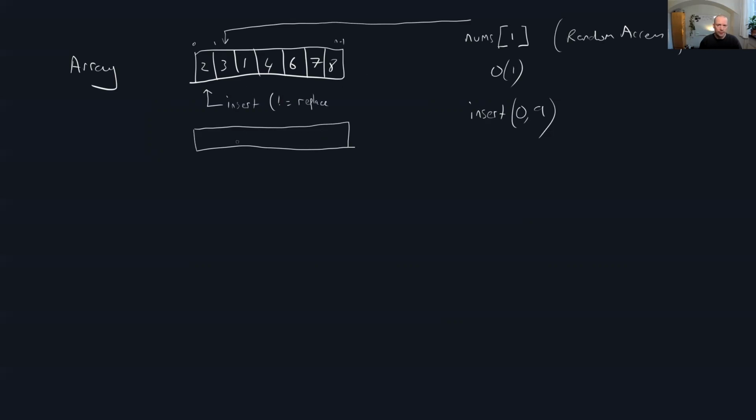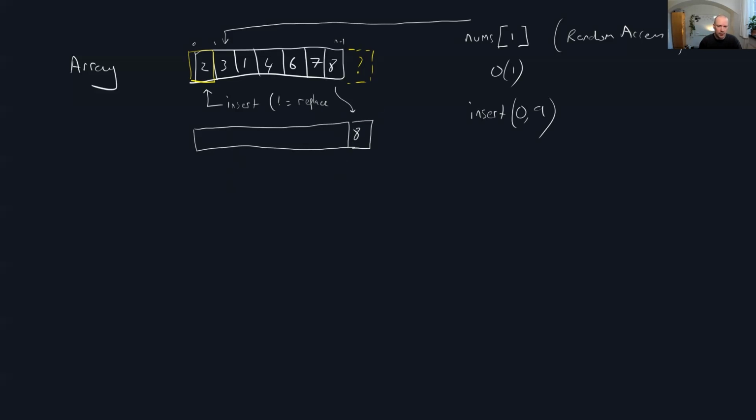There's two problems. The first problem is, well, do I actually have space? And the next problem is, well, how do I put my thing in here and still preserve the order? Okay, what's going to happen is, well, we will have to make extra space. So this is then going to have to shift along one. Okay, we've made the array bigger.